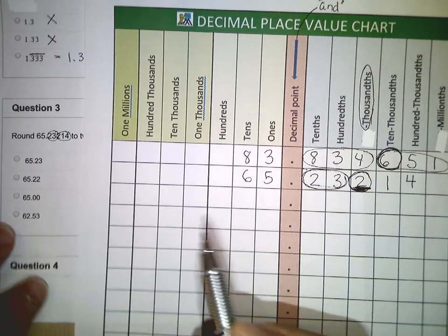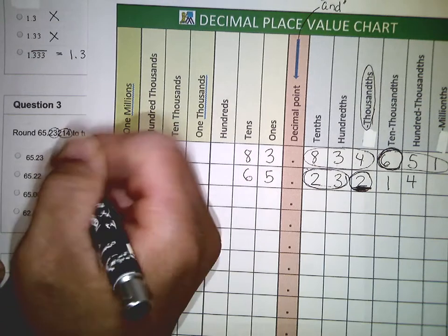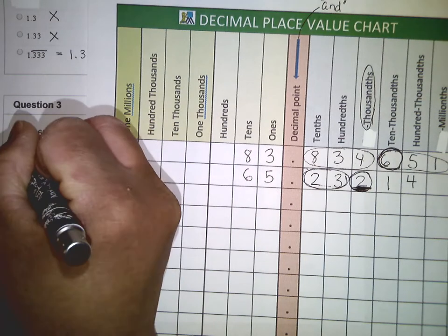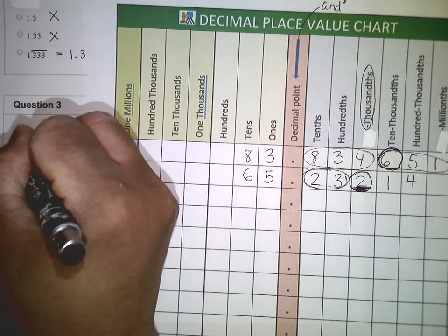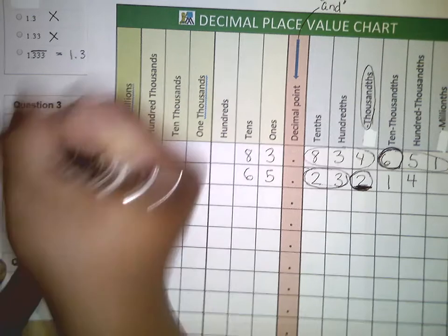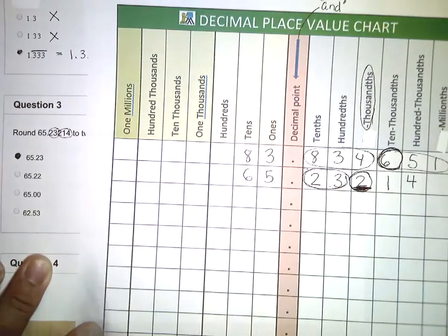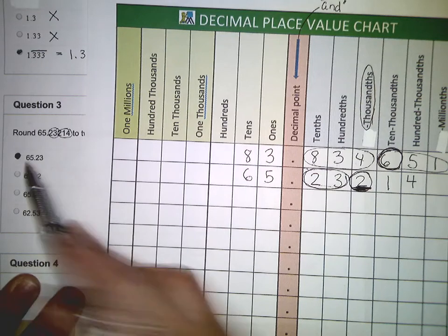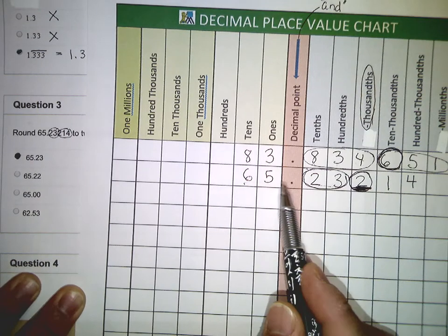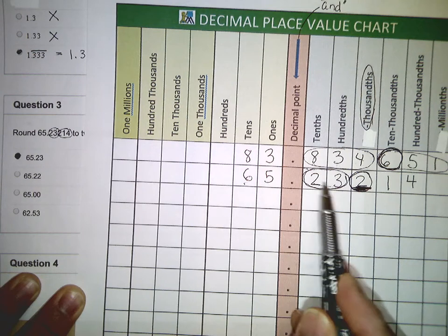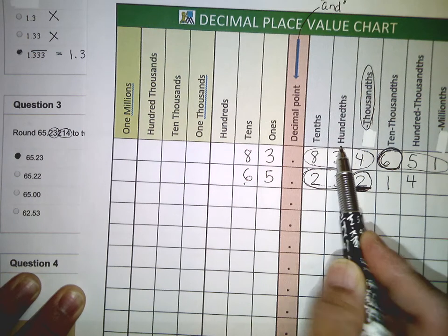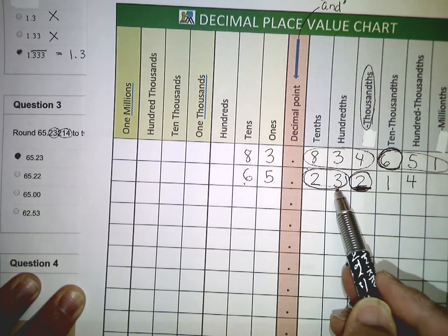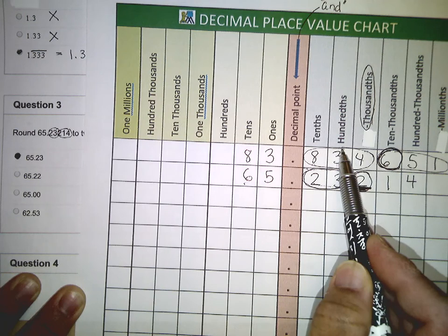All right, so that should be then the first choice right here. They're not labeled A, B, C, but the first choice right here. So our answer is 65 and 23 hundredths, because the last digit was in the hundredths place.